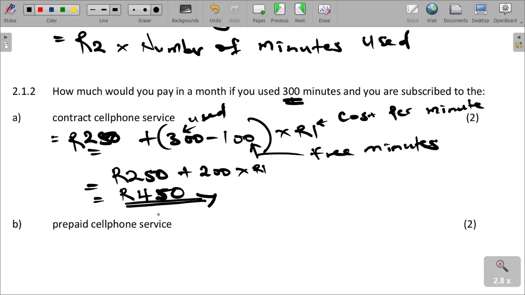The prepaid cell phone, let's work it again. Cell phone prepaid is equal to, when we calculate that again, it's going to be calculated based on the table that we are using there.